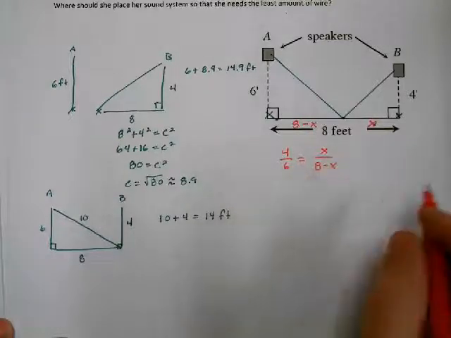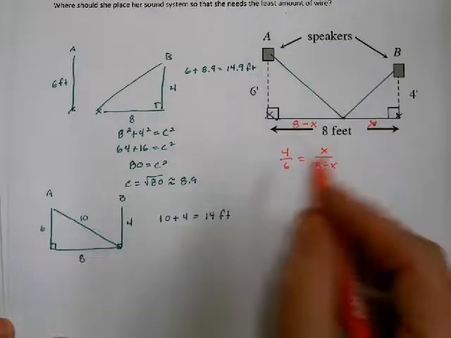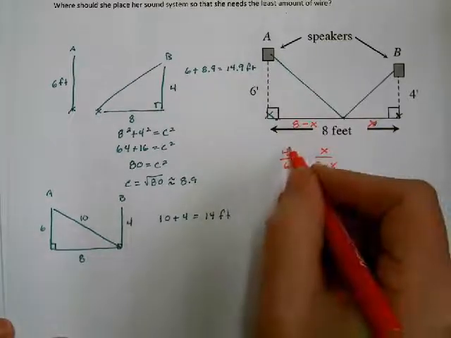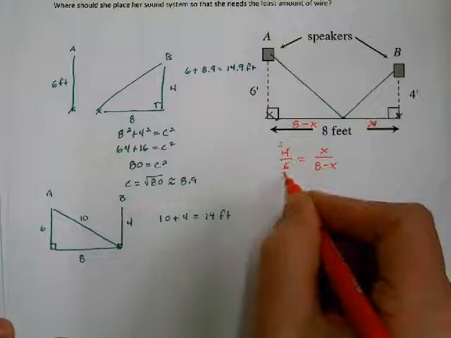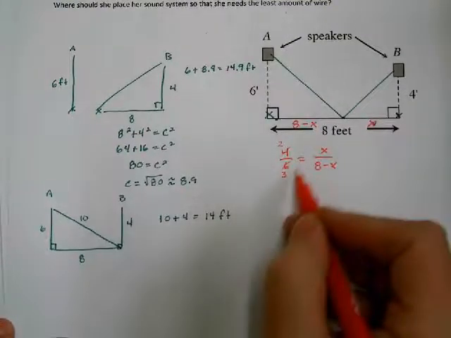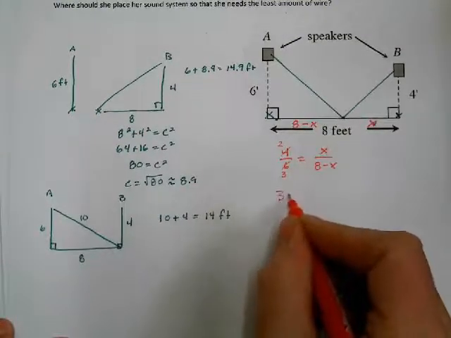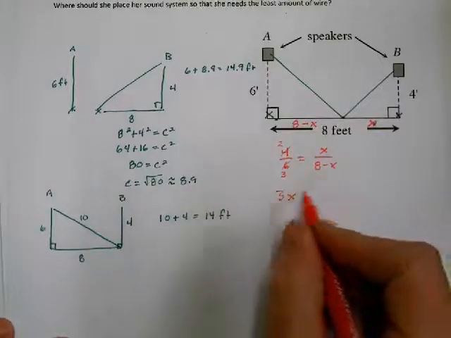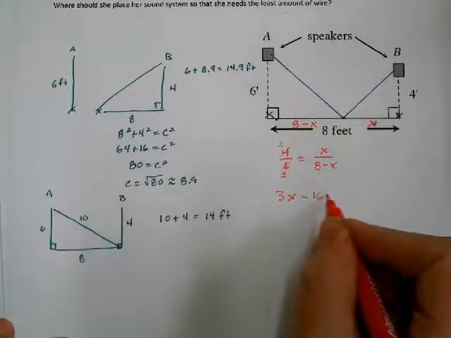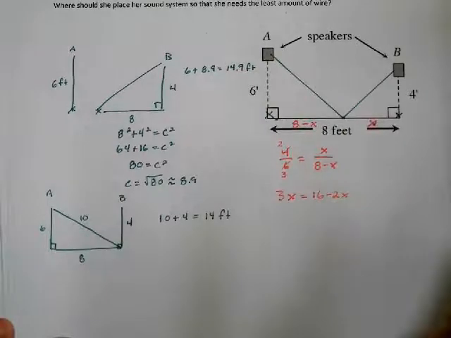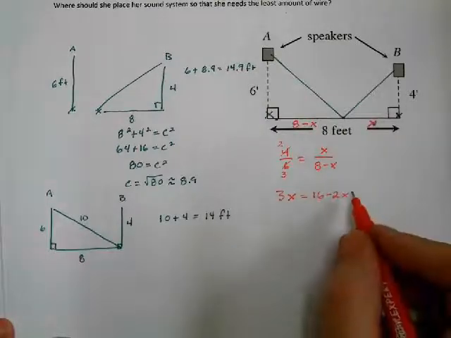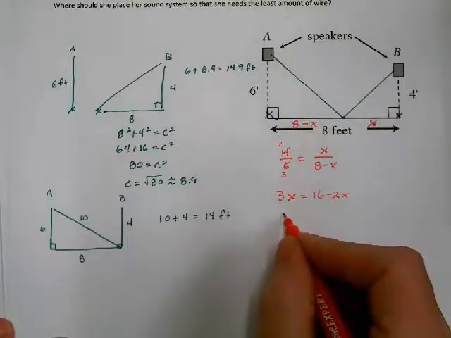Okay, we'll do cross products at this point. So 6 times X, let's reduce this first, 2/3. So let's do cross products, 3 times X is 3X. And then 2 times 8 minus X would be 16 minus 2X. Then we'll add 2X to both sides and get 5X is equal to 16.